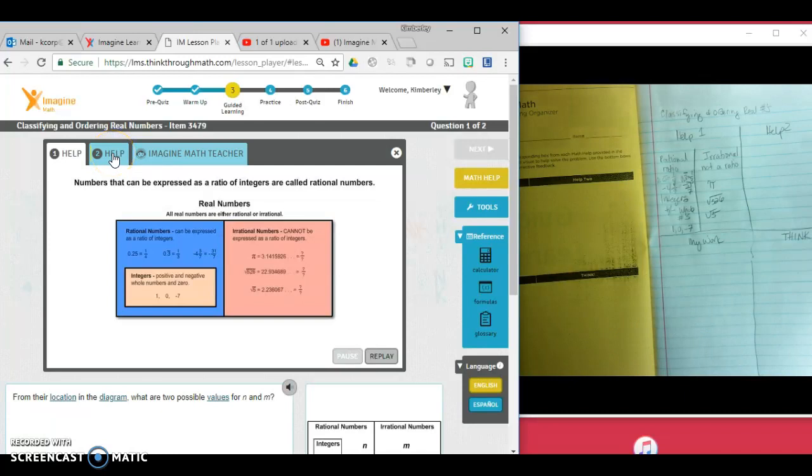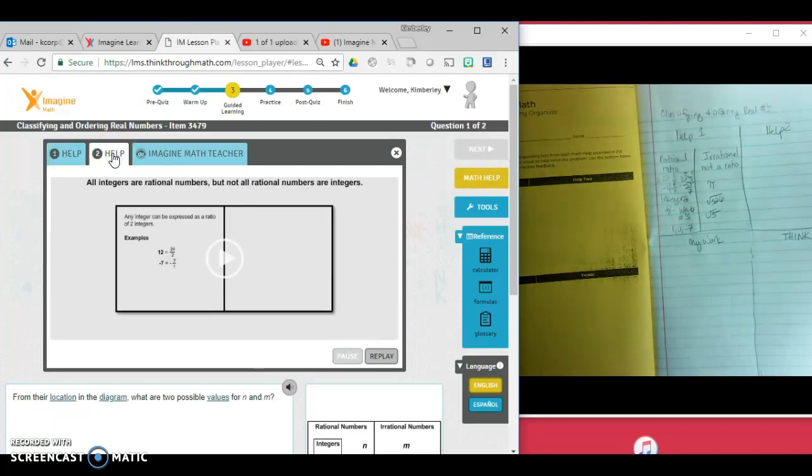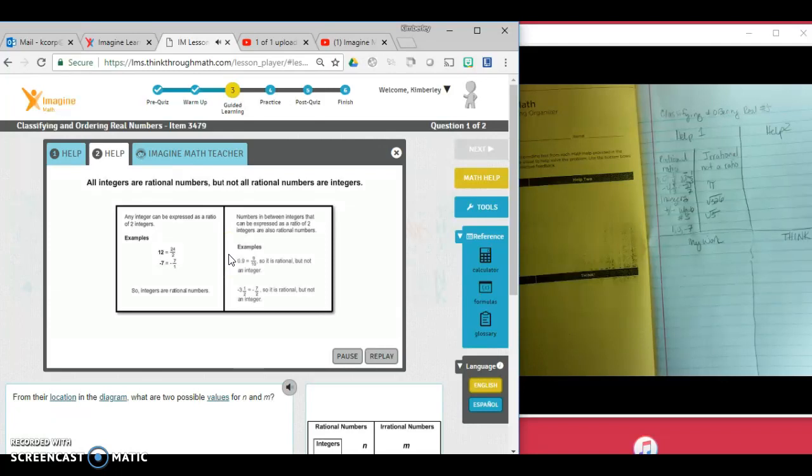Next, I can click on Help 2. And it says all integers are rational numbers, but not all rational numbers are integers. Any integer can be expressed as a ratio of 2 integers. Examples: 12 equals 24/2. -7 equals -7/1.